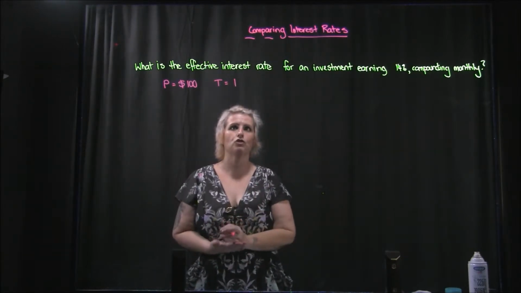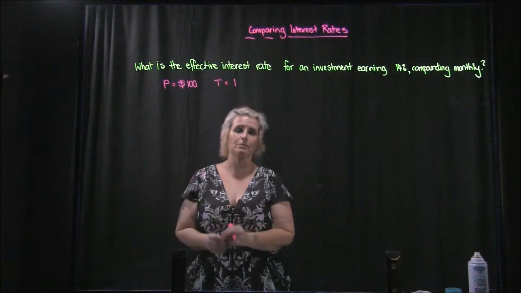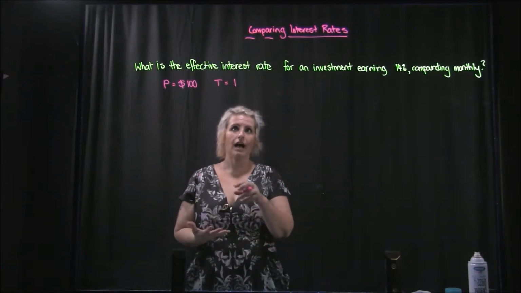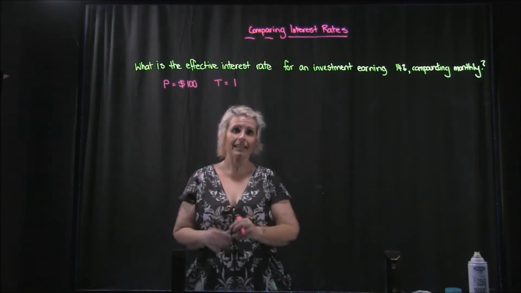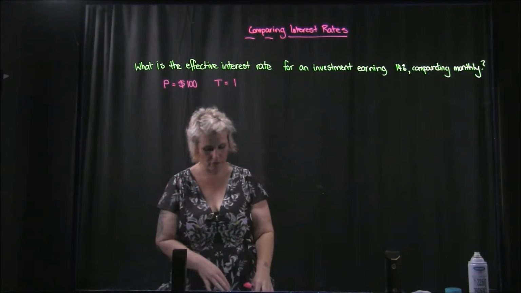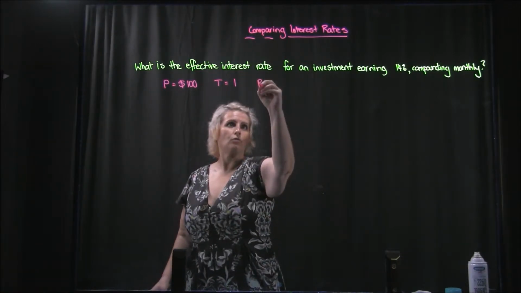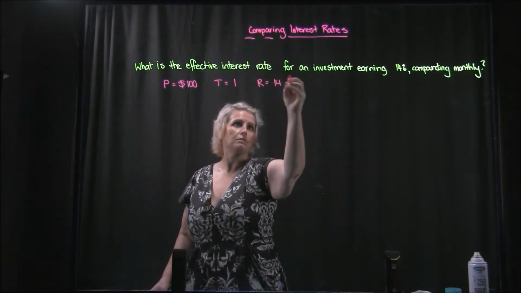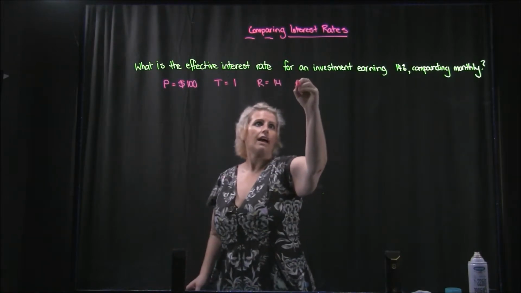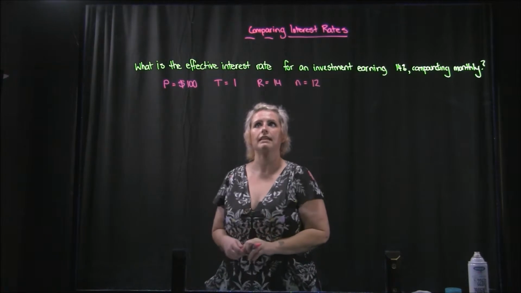When you're working out effective interest rate, you use $100 and 1 year, because the amount of interest that you make is equal to the percentage amount of the effective interest rate. So our rate is 14%, and our number of rests is monthly, so that's 12 times in a year.